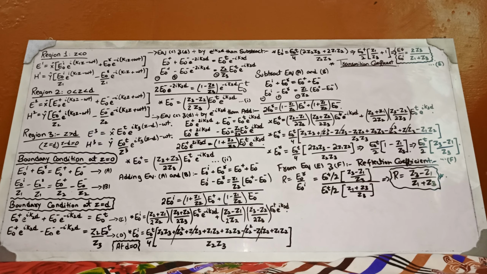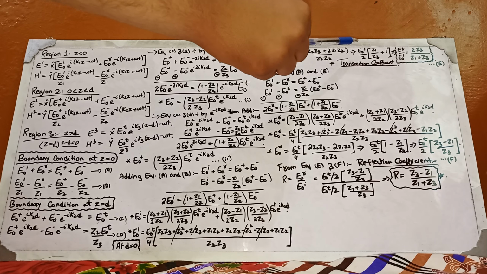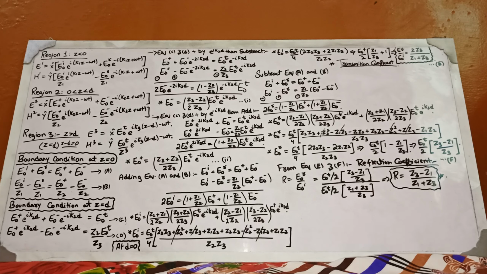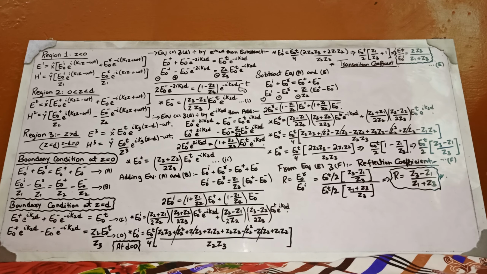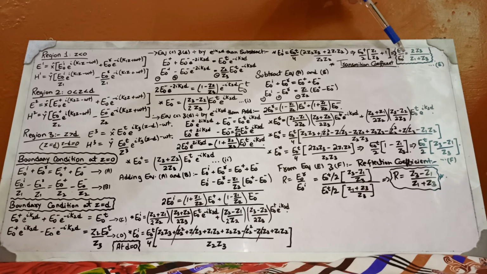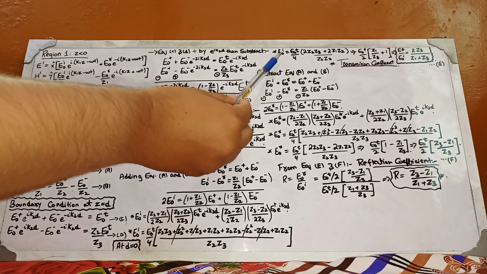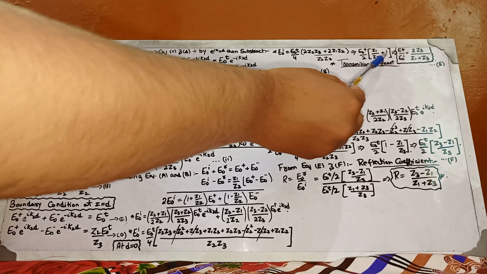After taking LCM, first, just move E naught T to the other side, because you are going to solve for the transmission coefficient, and you know that the transmission coefficient is equal to ET by E naught I. You know that E naught I is equal to ET by 2 times this.